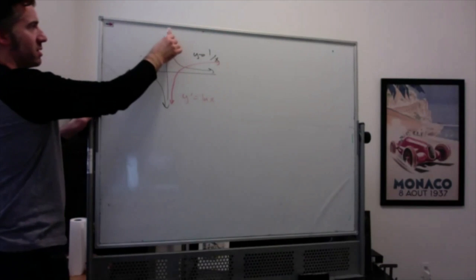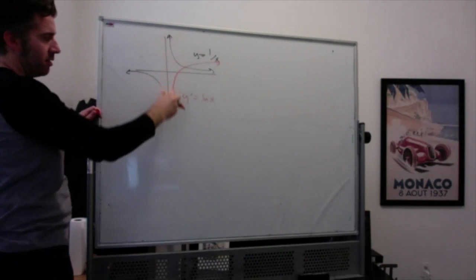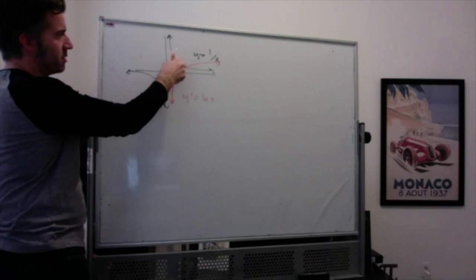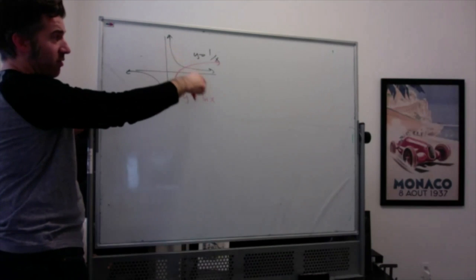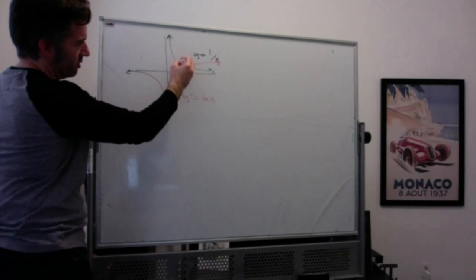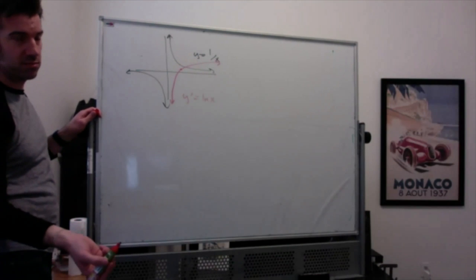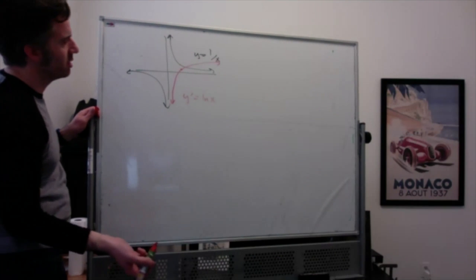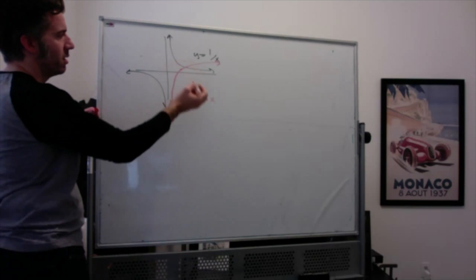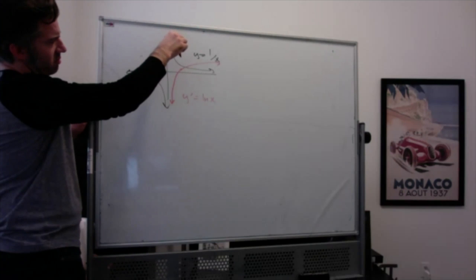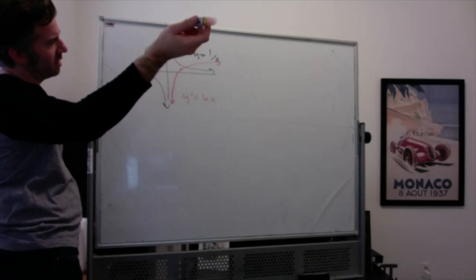So right here, the slope is very negative. Right here, the derivative is very negative. Right here, the slope is still negative. It's actually -1 right there. And right here, the value is 1. And so on.